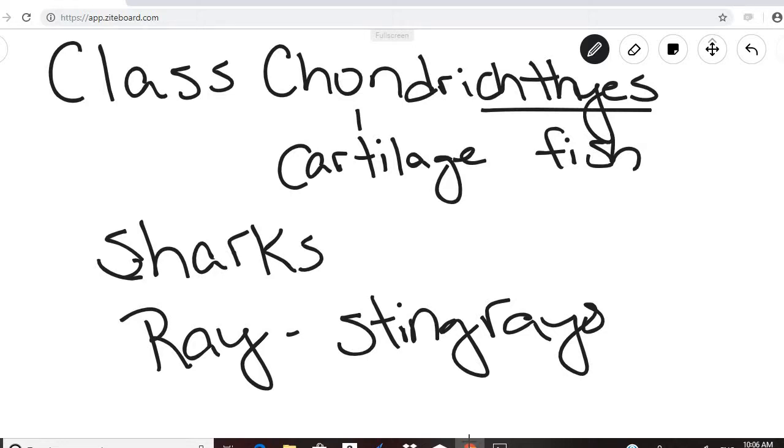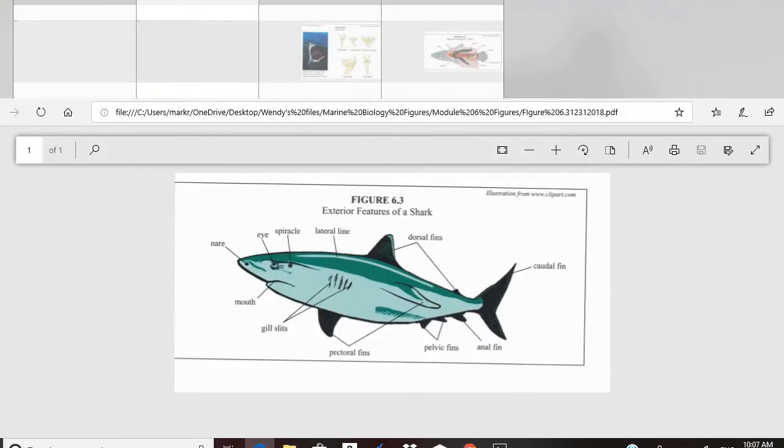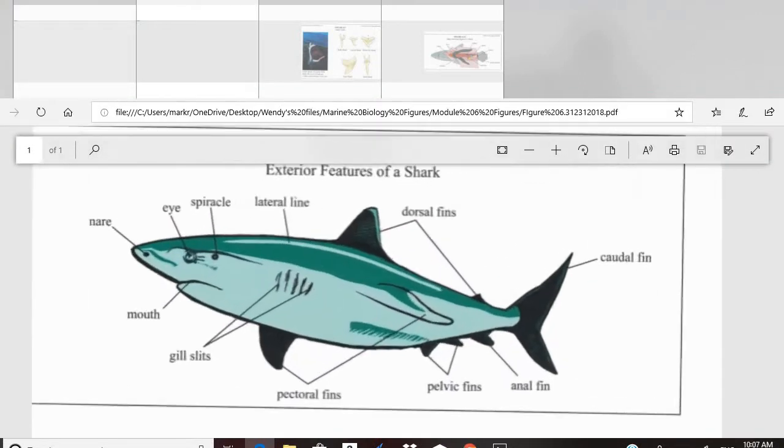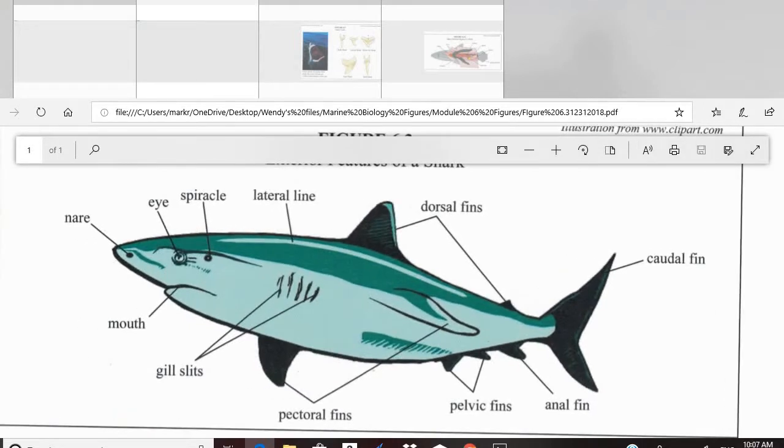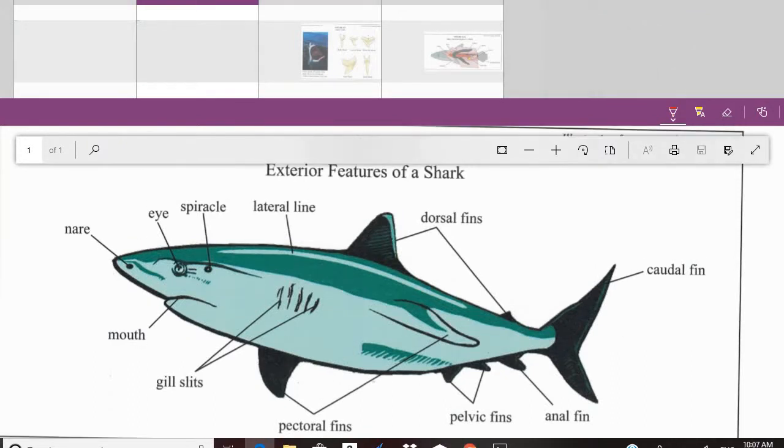Let's go ahead and look at some pictures of a shark. Okay, so this is the external features of a shark. I'm going to point out a couple things here. The shark has various fins that help it to move through the water.